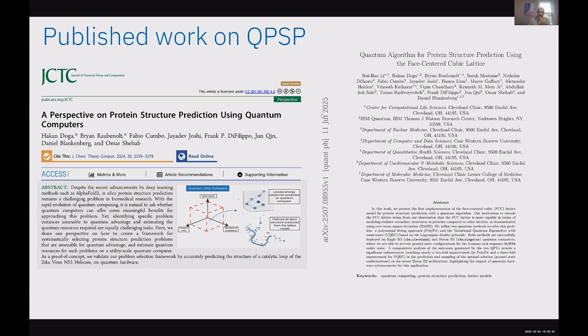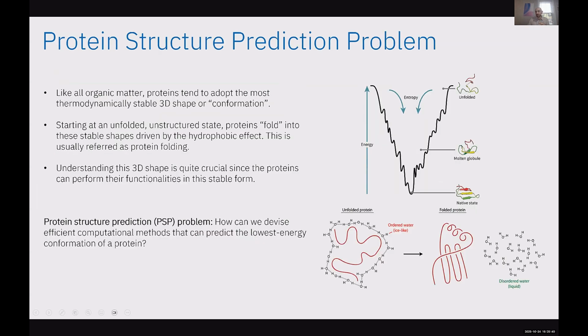So let me just jump into it. I feel like most of the biological terminology is going to be familiar to the audience here, but let me just recap some of it and how we can think about protein structure prediction in the context of quantum computing. As you know, proteins start in this unfolded state.